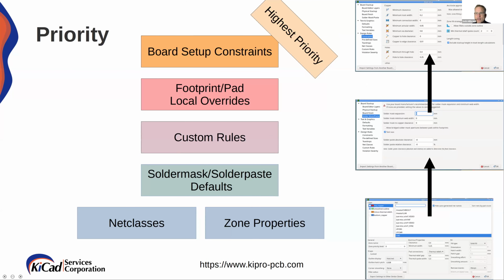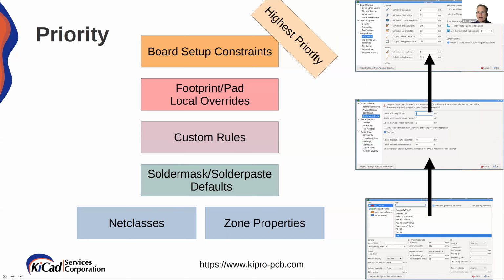Now, this part is important because when we talk about what this is going to look like in KiCad itself, we have a priority listing that gets overridden.